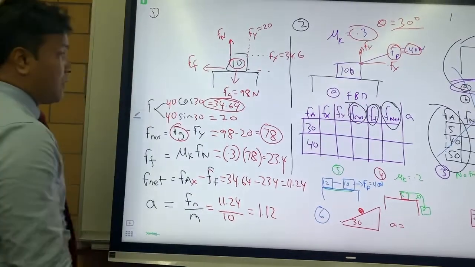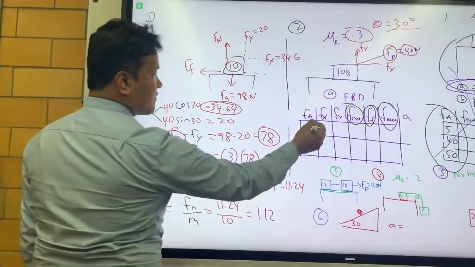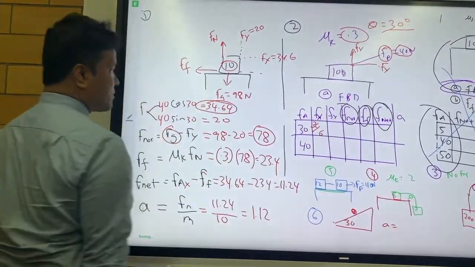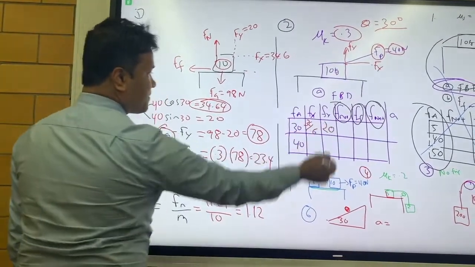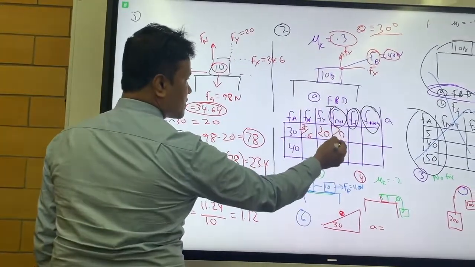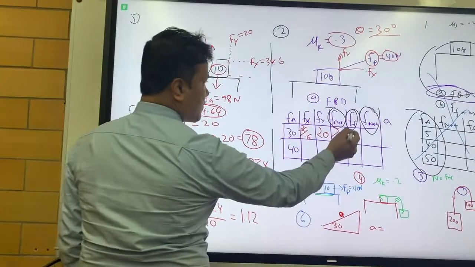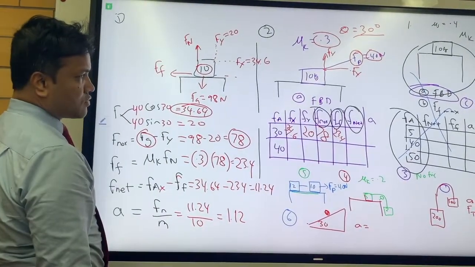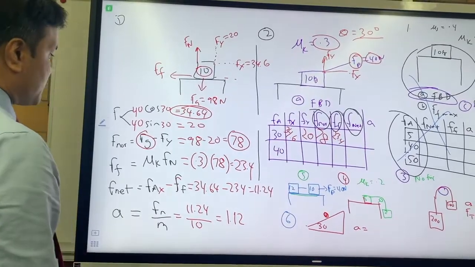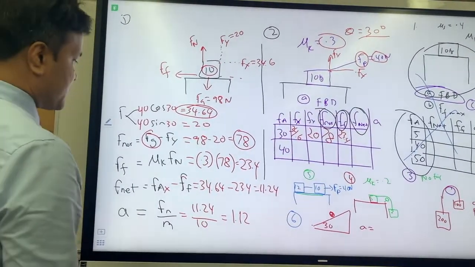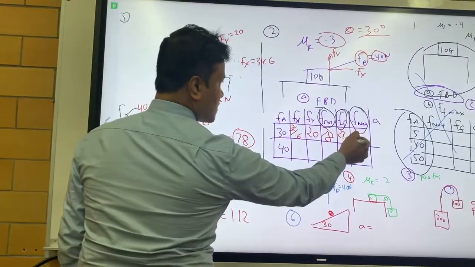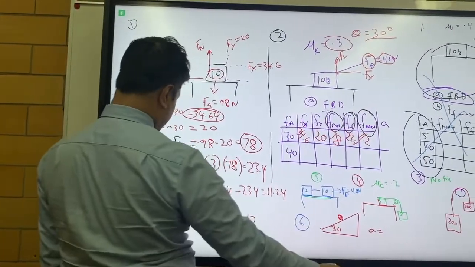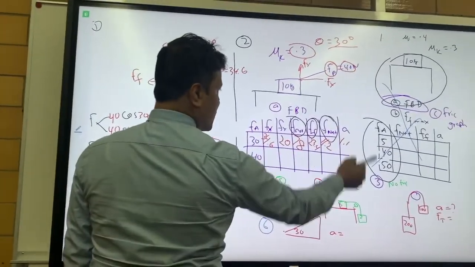Okay, now I'm going to write everything I have. 34.6, one decimal place is fine. 20, 78, 23.4, Ff is 23.4, Fnet is 11.24, and acceleration is 1.1.